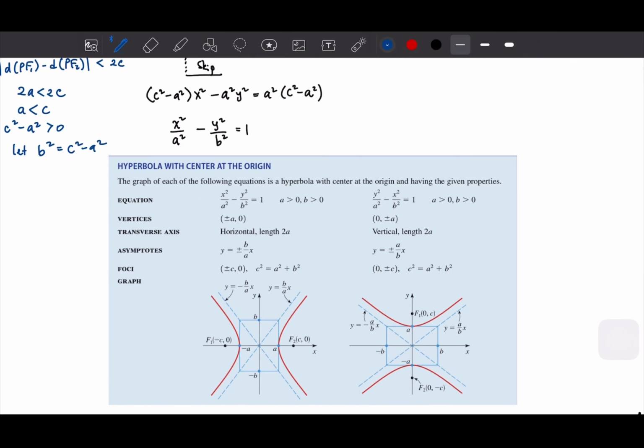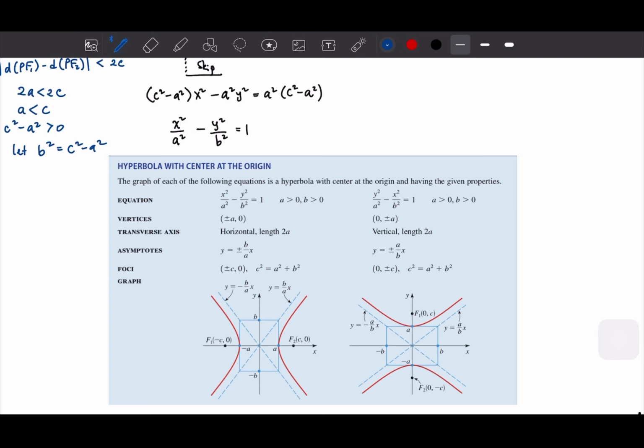So all the conic sections we did, the parabola, ellipse, hyperbola, we all did at the origin. So the center is the origin. Like this one we have here. And notice that we are going to have an asymptote in the hyperbola, which we can see is based on this ratio of B and A. So you can have the hyperbola left and right or top and down.